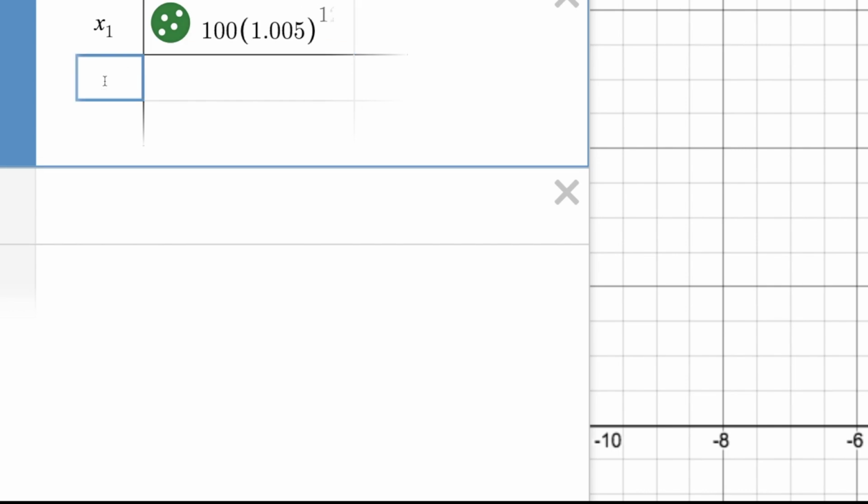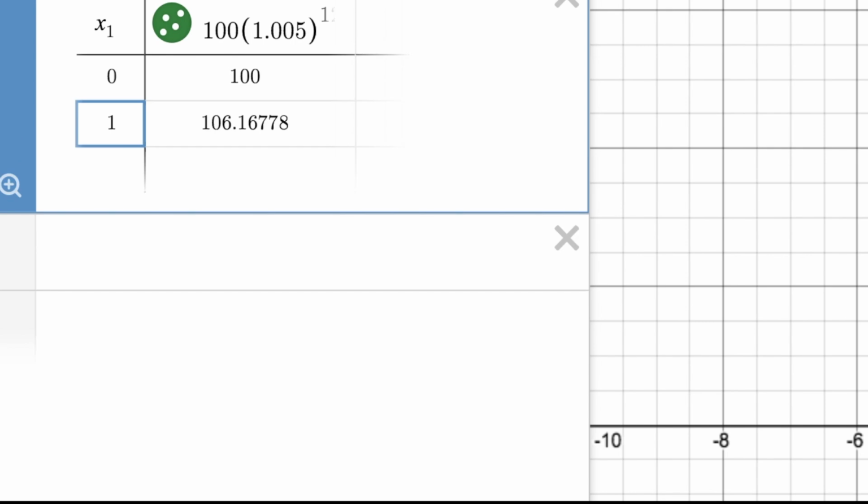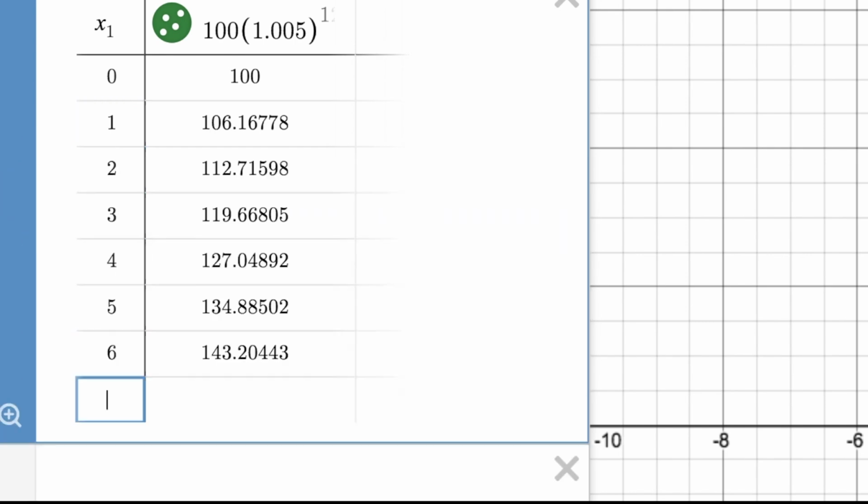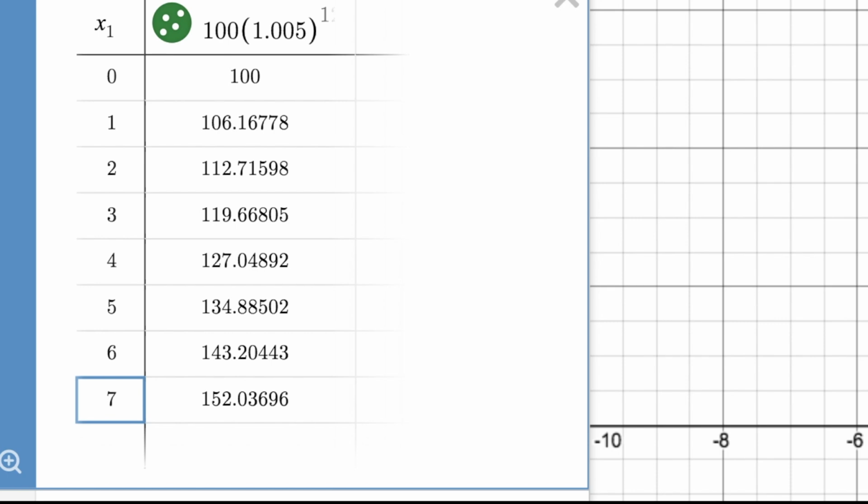This will allow me to easily make a table. You can do this by hand or with a calculator, but this is a quick, easy way to do it. So I have 100, 106, 112, or 113 I should say, 120, 127, 138, 143, and 152.